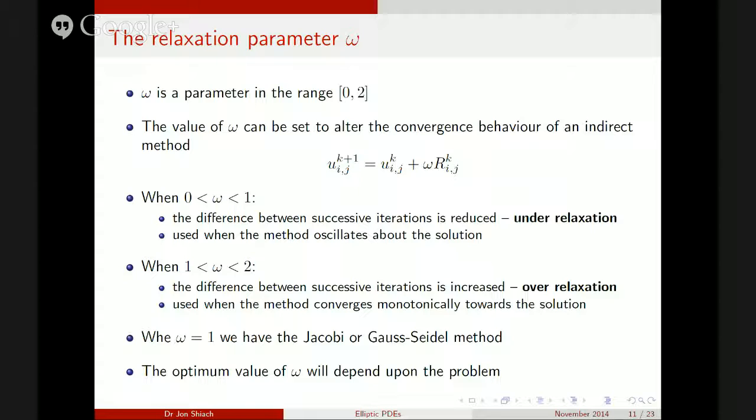When omega is 1, it's identical to the Gauss-Seidel method. When it's greater than 1, you use over-relaxation. When it's less than 1, use under-relaxation. There is an optimum value of omega that will depend upon the problem. Each problem's different, and there are certain methods for finding the optimum value. Sometimes it's trial and error. Just try out a few different values, and one of them will converge faster.